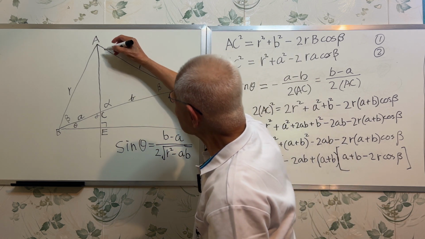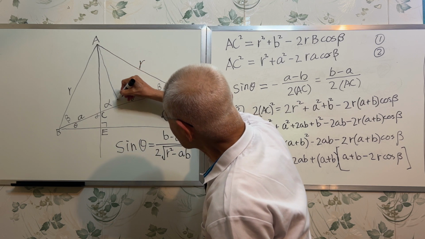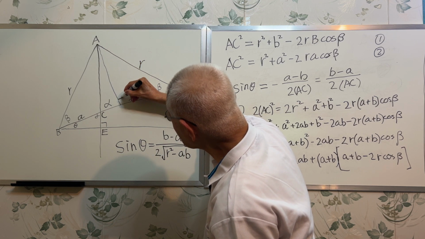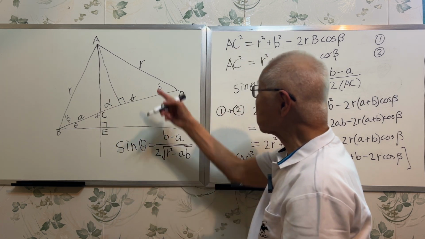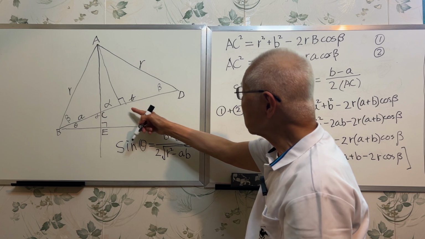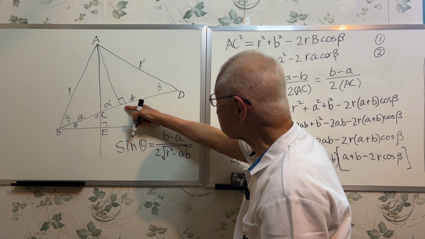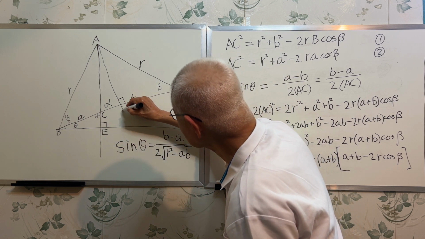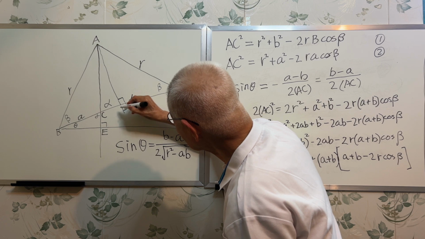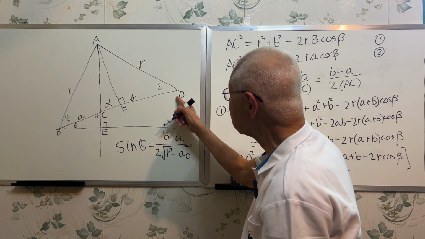Let's draw a line perpendicular to BD. Then what is r cosine beta? It is from here to here, you see? So let's say this is A, B, C, D, E, F. So r cosine beta is FD.